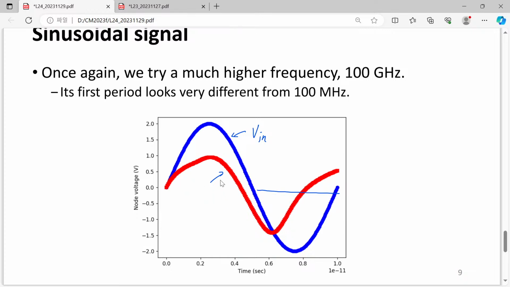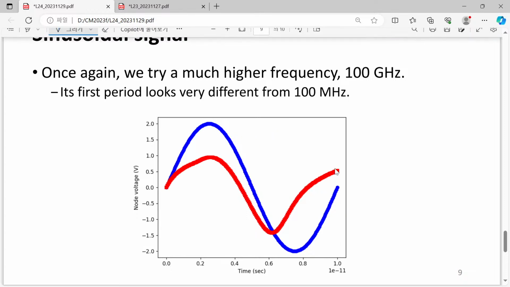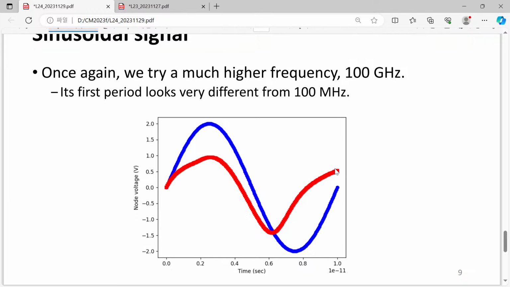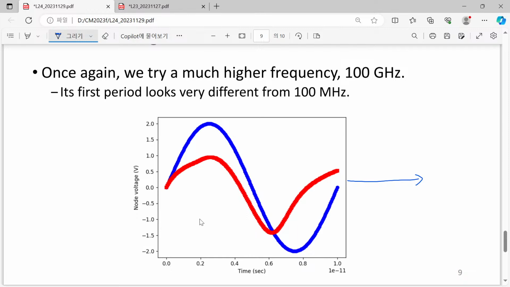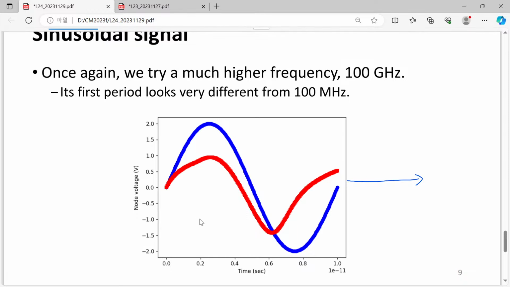But I wanted to say that this is the very first period, so whether it is really working or not, in order to test your result, you have to perform multiple periods, because this response contains the large signal steady state response, and at the same time also the transient response.